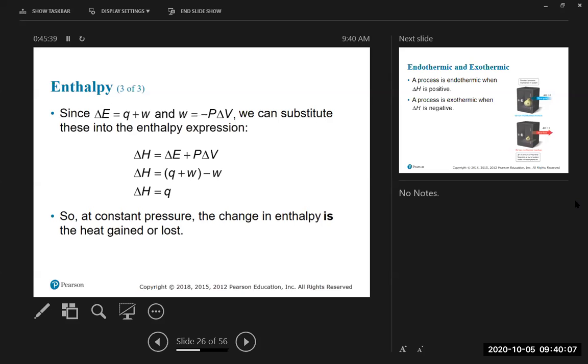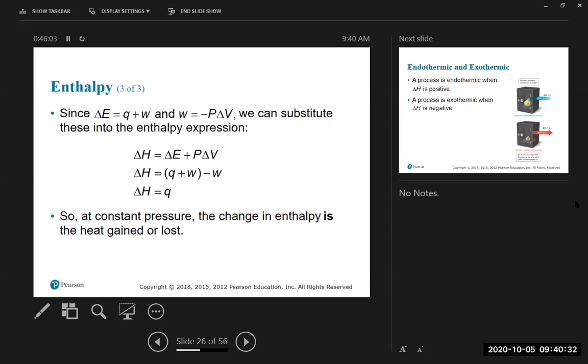Now we simplify that even more, and at constant pressure, what we see is the change in enthalpy, delta H, is really the heat gained or lost. That's what I've been saying for the last hour: we talk about work and all this stuff, but enthalpy is how we do most of these measurements, and really what we're talking about is heat flow.